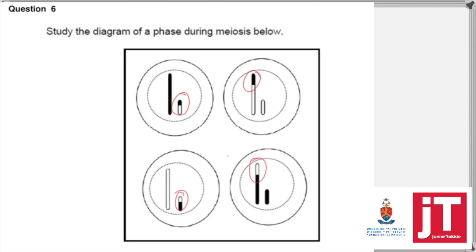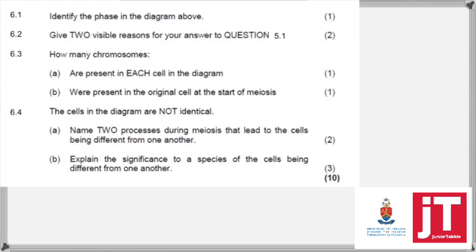Here, crossing over has taken place, so this is just an affirmation for us that this is in fact meiosis, and we are looking at telophase 2. There are our 4 cells, and let's have a look at the questions.